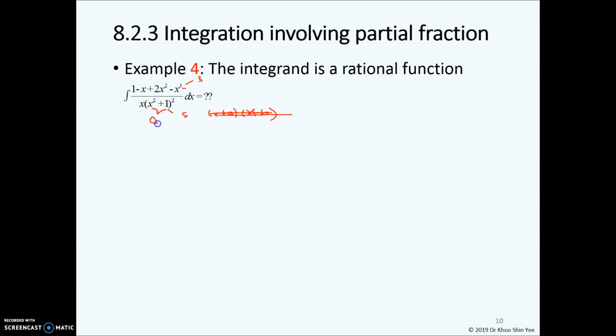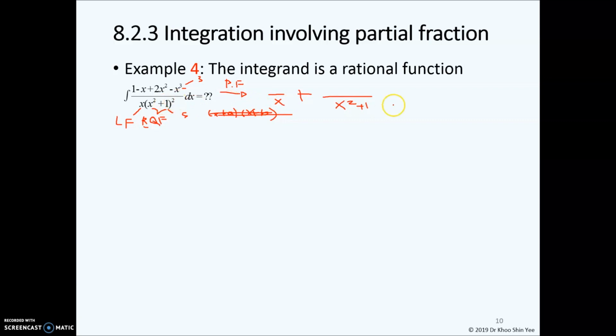So here you have a quadratic factor, and it's a power of 2, therefore this is a repeated quadratic factor, and you have x here, so this is a linear factor. So we can apply partial fractions, and then you should be able to get something like x plus x squared plus 1.